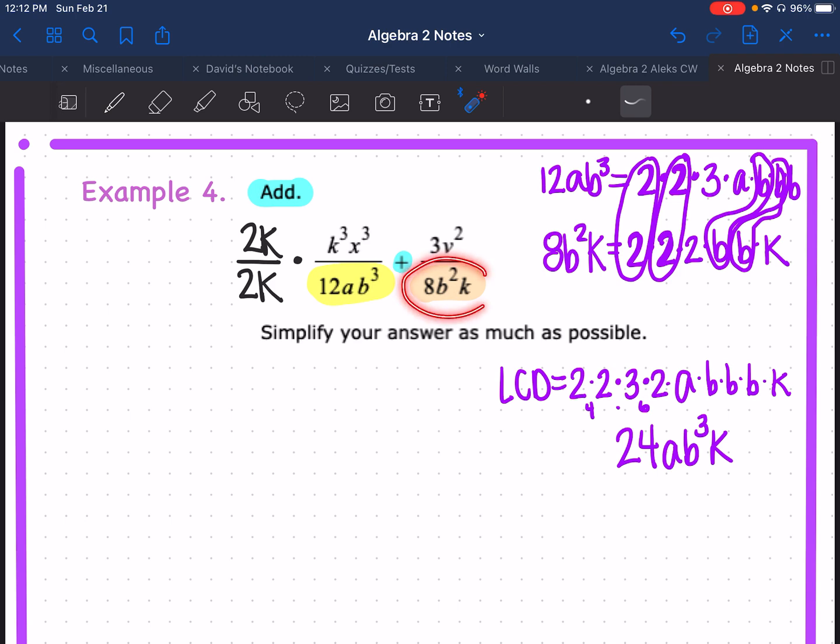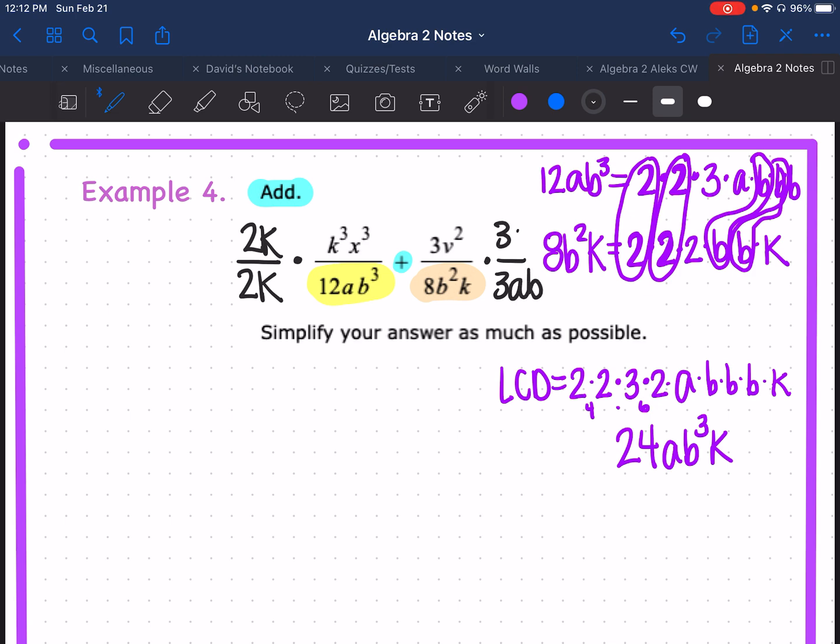All right, 8, 8. There's 8 right there. Cross them out. I need the 3. I need to get rid of 2 B's, and I need to get rid of a K. So notice what's left. I need a 3, I need an A, and I need a B to get to my new denominator, 3AB.